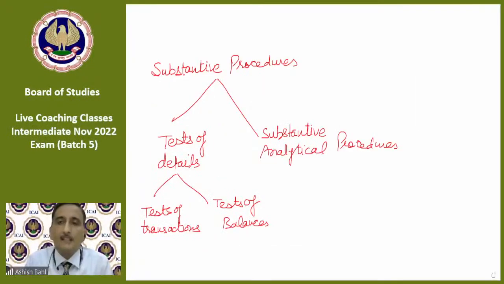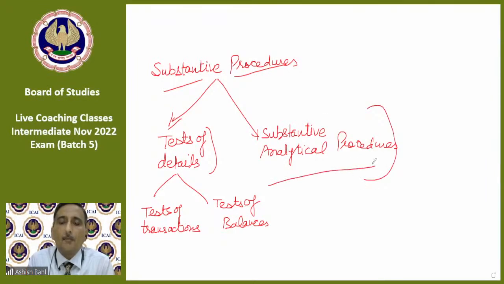Substantive procedures, students, you would remember in the last session we had learned that substantive procedure consists of tests of details and analytical procedures. Substantive procedure consists of tests of details and substantive analytical procedures.